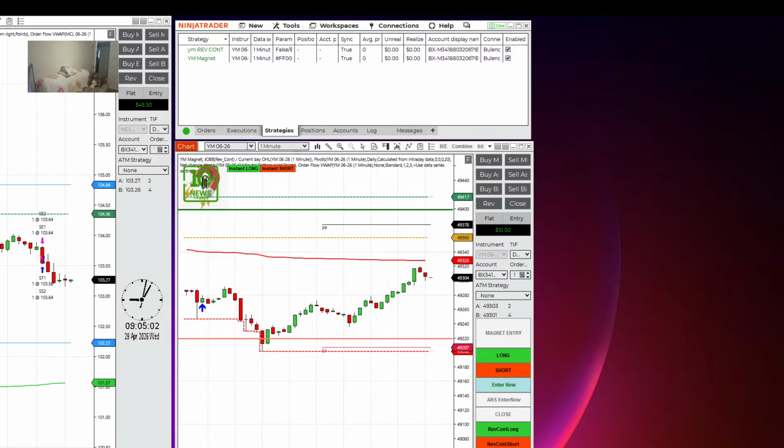He also trades the MNQ, and people do share over and over. People share their setups as you get more experienced in the way that we trade.